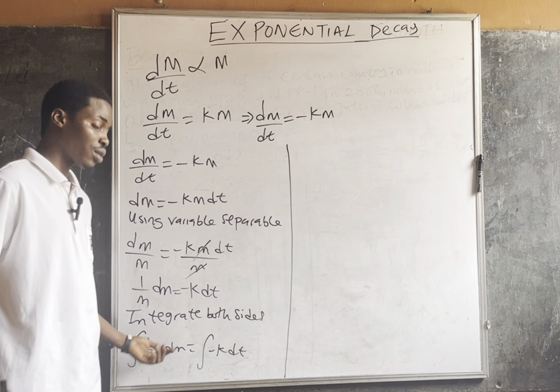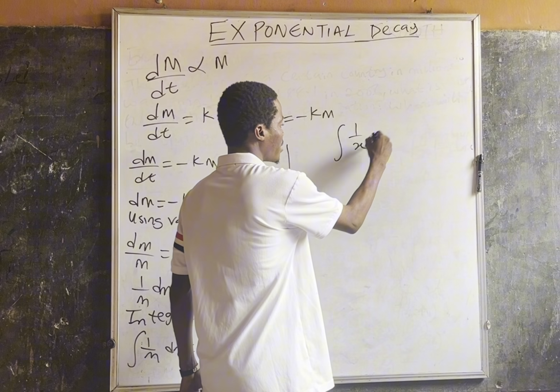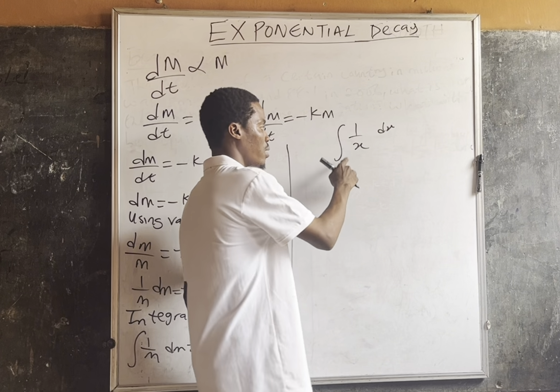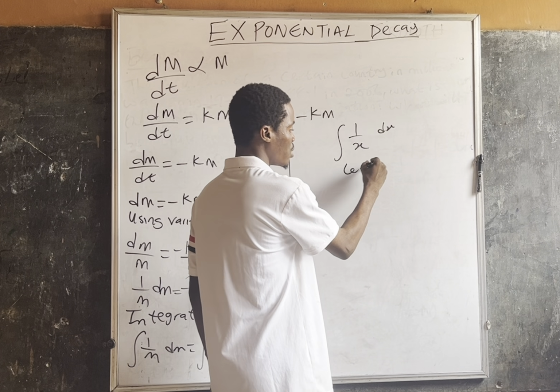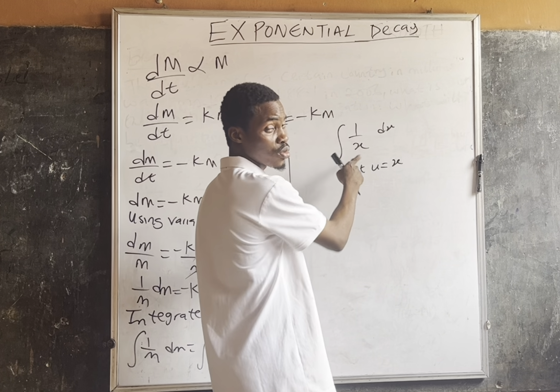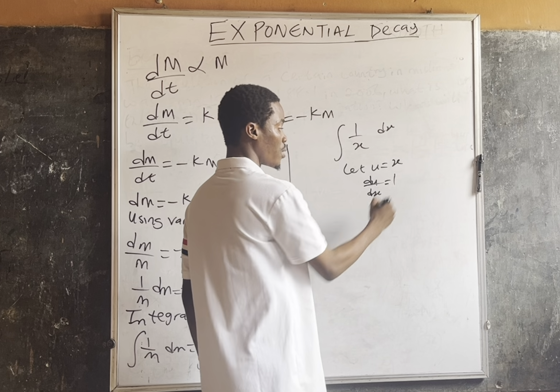So in this case, what are we going to do? We are given 1 over s with respect to s, and we want to integrate this. This is our denominator. Let u be equal to s. If we differentiate this with respect to s, we have du over ds, which is 1.